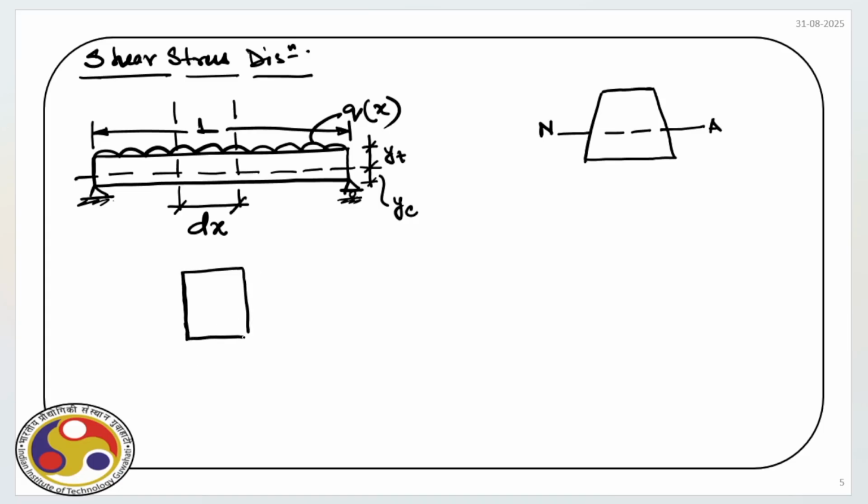On the left hand side we have shear force, say V. On the right hand side, say it is going downward, so V to V plus dV. And then again we will have moment here, say M, and on the right face we'll have M plus dM.